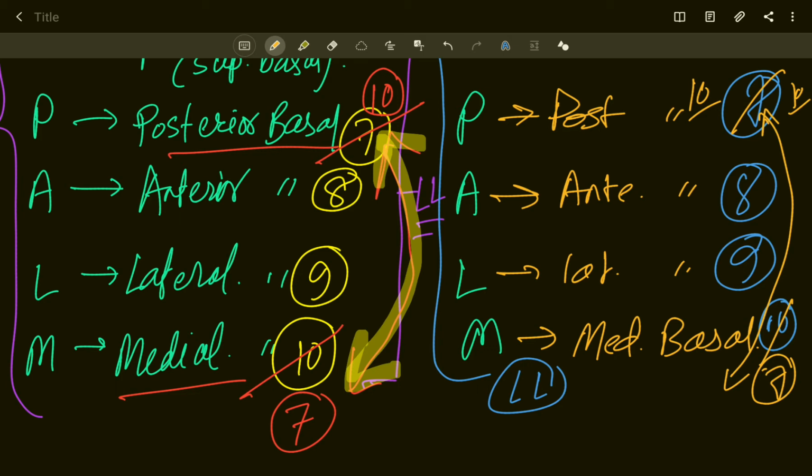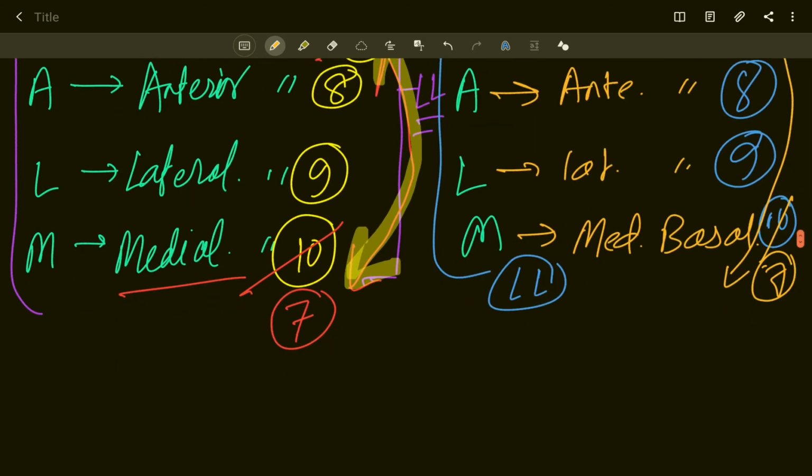Sometimes some bronchopulmonary segments of the left-sided lung are fused with each other.